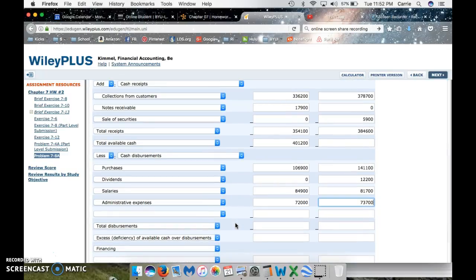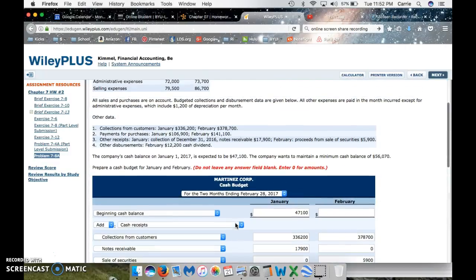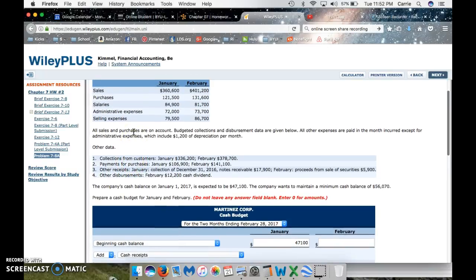Are we missing one? Disbursements, receipts, payments, collections. Okay, we do have these purchases. Let's see.